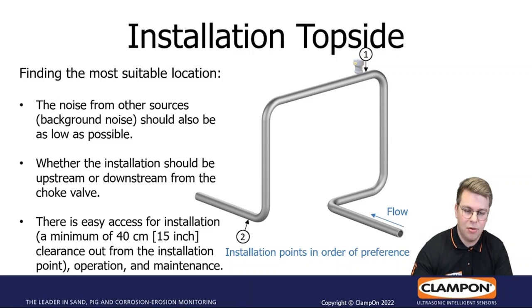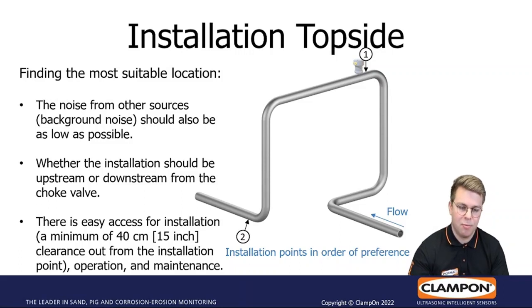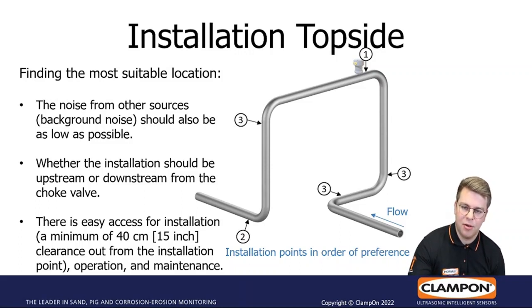This also will give you some mixing of the particles, and then the energy from the particle hitting the wall will be also detectable here. And you have also this third preference order of installation points: horizontal to horizontal, horizontal to vertical, or horizontal to vertical down.